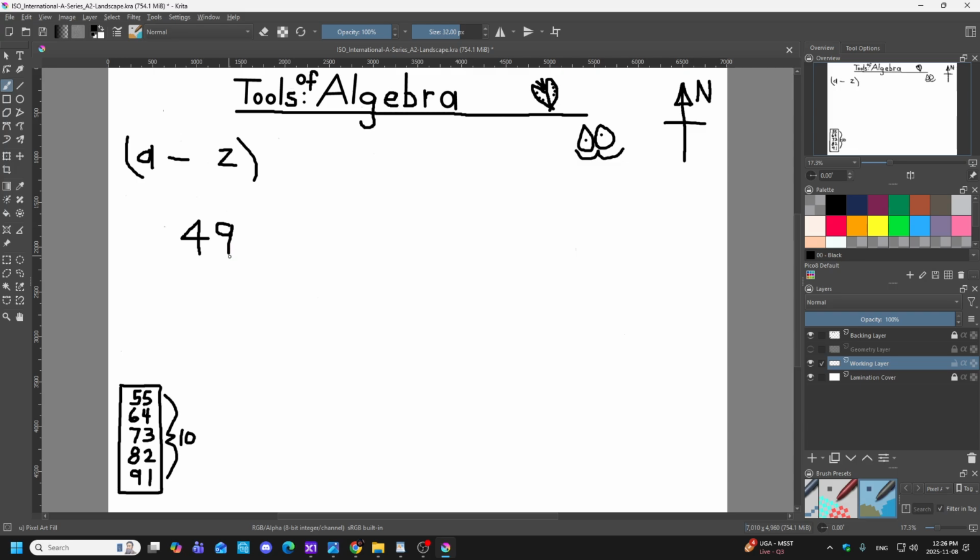Now recall, it's saying that 49 is increased by 2 times some number. I sure wish I had a tablet. 49 plus 2x.